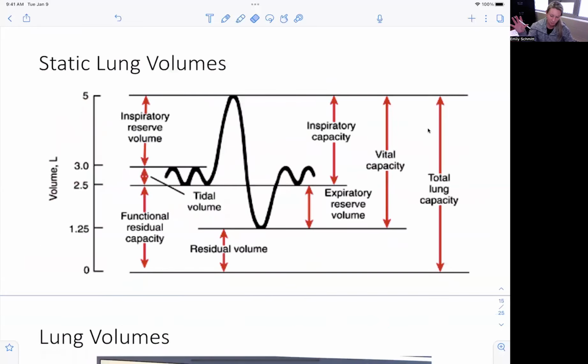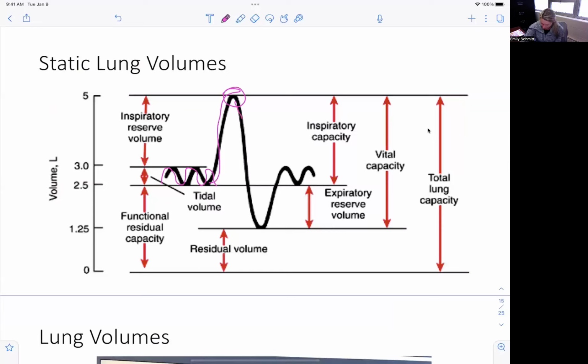So this is an important concept here to talk about for these static lung volumes, and you will see this as a common theme throughout this class. If you go back and re-watch that video, we talk about tidal volume, which is just your normal resting breathing rate. What this peak is up here is when you inhale.